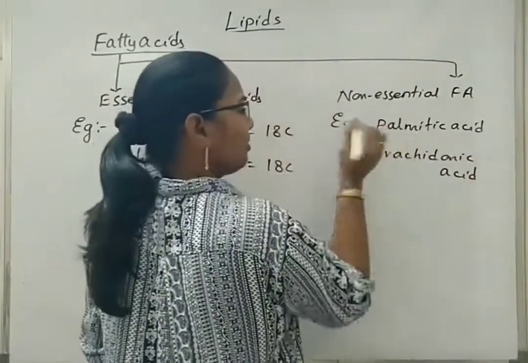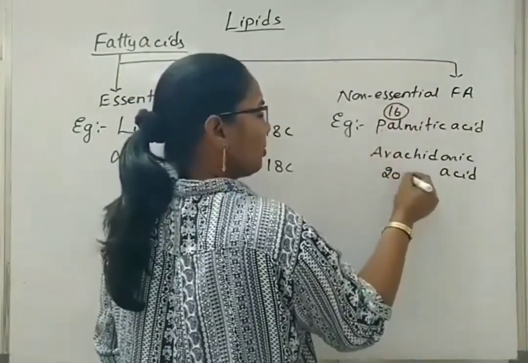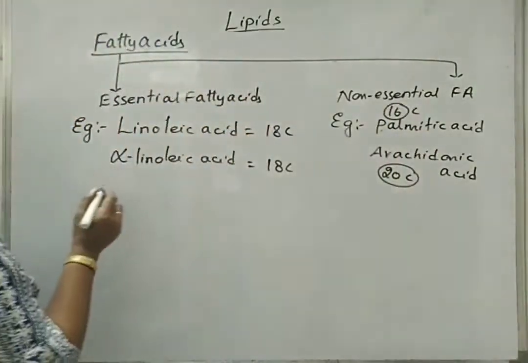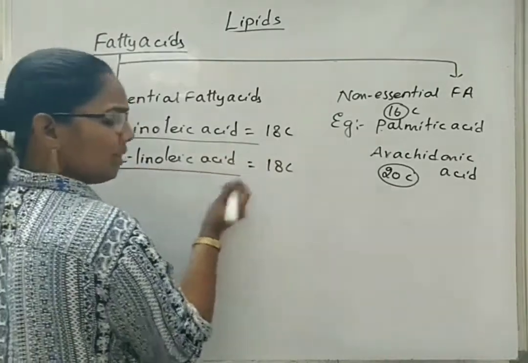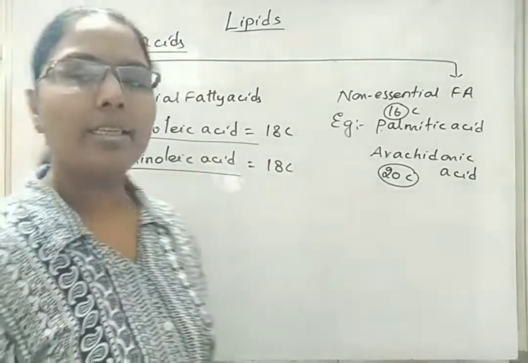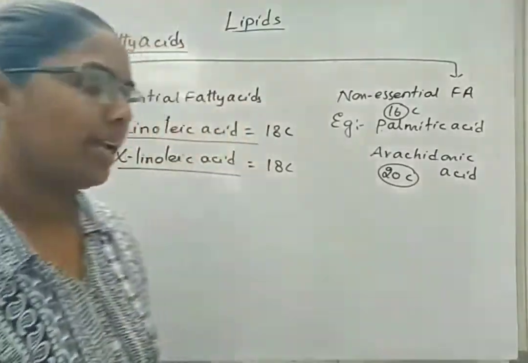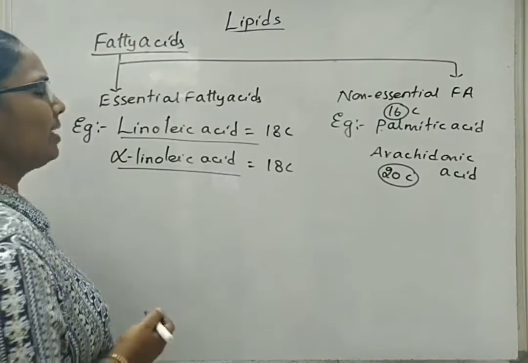Now, what is the carbon number of palmitic acid? 16. Arachidonic acid is 20 carbon in number. What is the difference between linoleic acid and alpha linoleic acid? Linoleic acid is also called an omega-6 fatty acid.